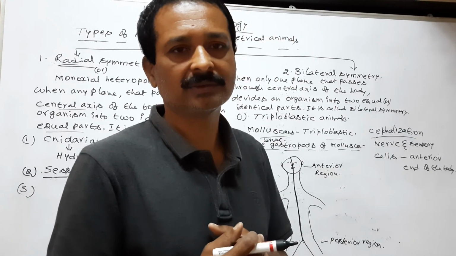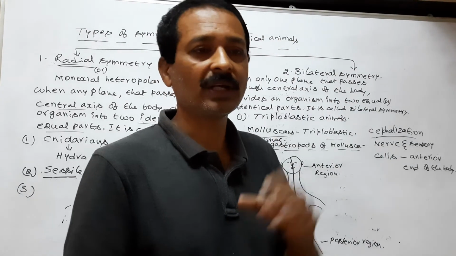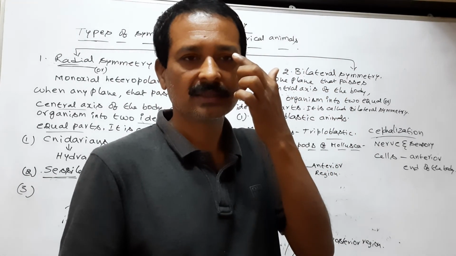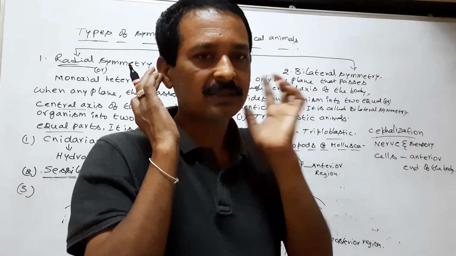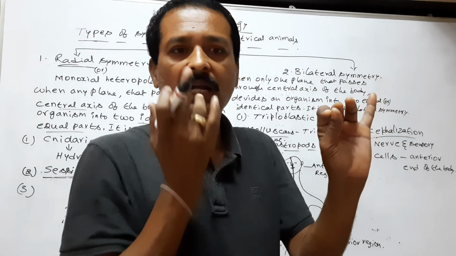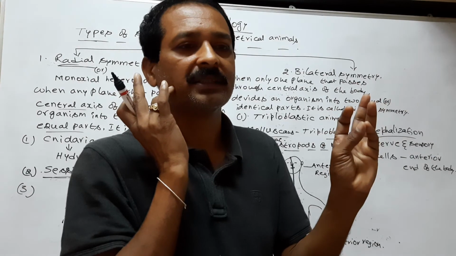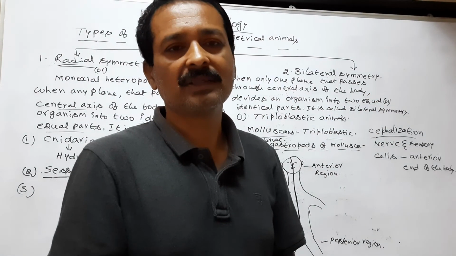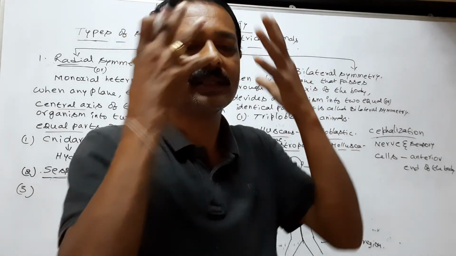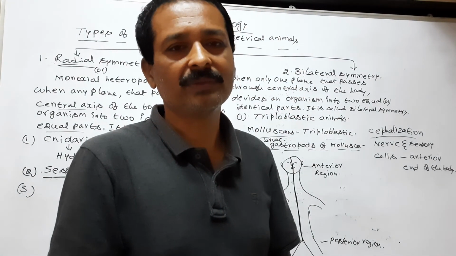We have 5 sensory organs: eyes, ears, nose, tongue, skin. Mostly these are located in the anterior end of the body.